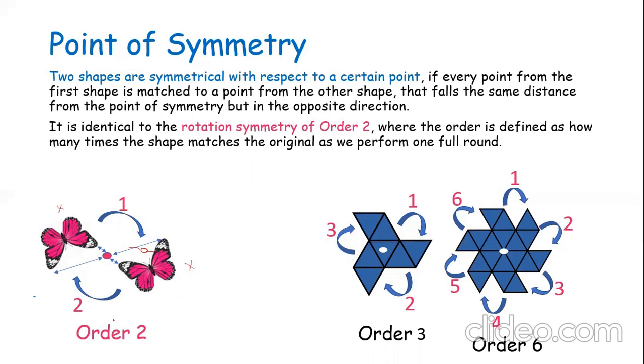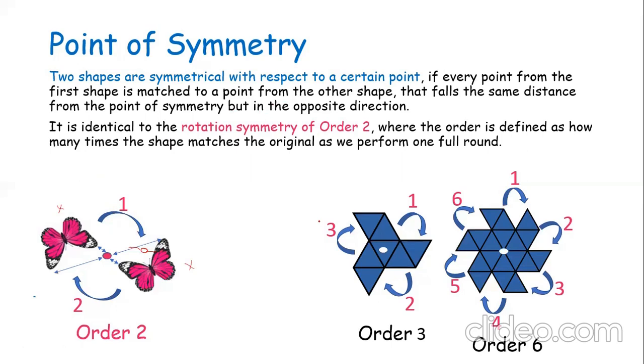So we go 180 degrees again, and it will fall back on its position. And here we completed one full round in order to return to the first state of the shape. And we call this the rotation symmetry of order 2.